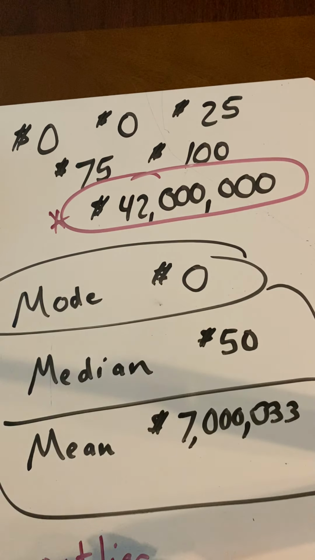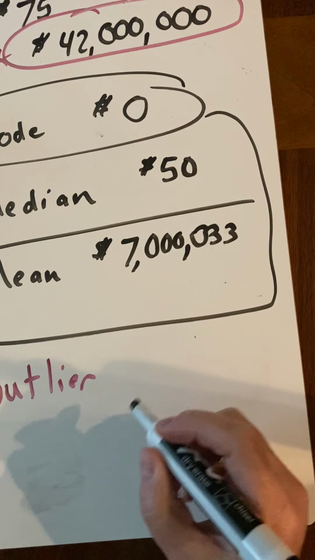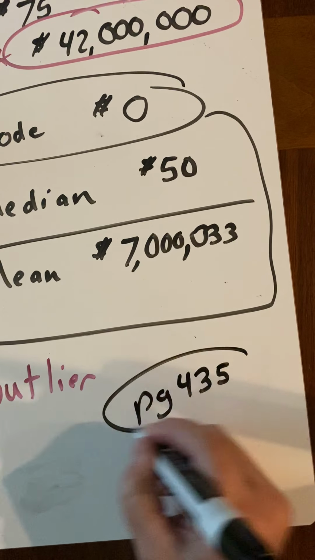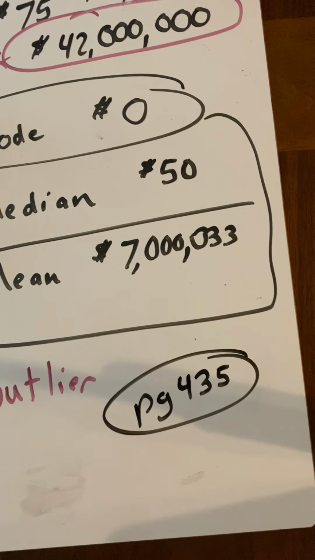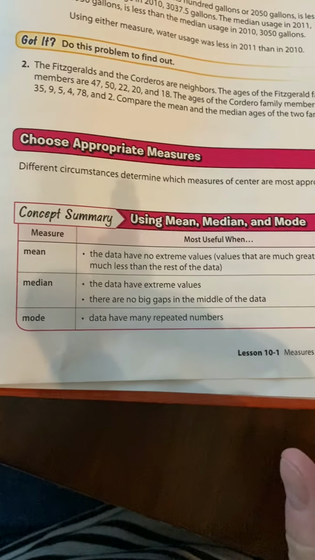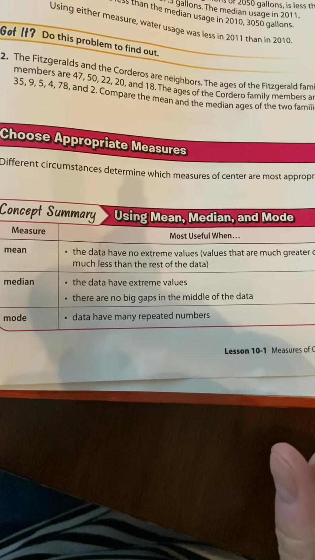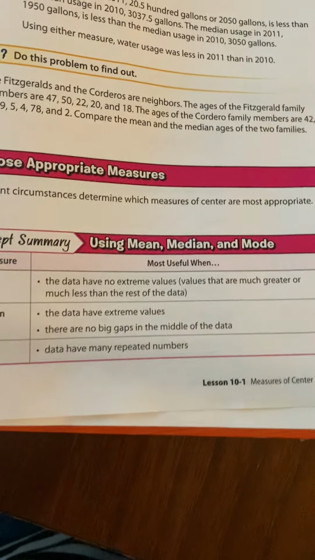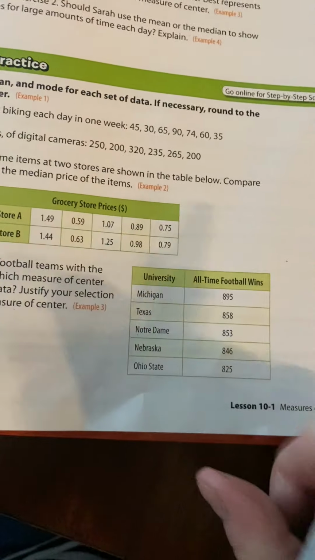If you go and look at the bottom of page 435, you can see that it gives you a great explanation about what a mean, a median, and a mode is, and when you want to use that kind of data, and when is that important. So that might be an important thing to look at when you're doing the data.